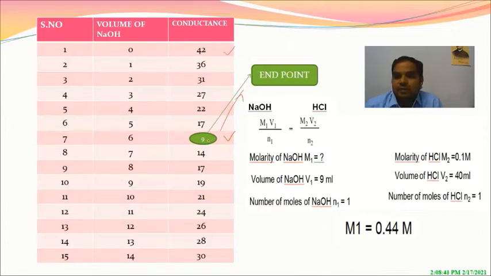Number of moles of sodium hydroxide is 1, number of moles of HCl is 1. When we substitute in the equation, we get the molarity of the sodium hydroxide as 0.44 molar. In the result, the molarity of sodium hydroxide is 0.44 molar. Your presentation should be like this.